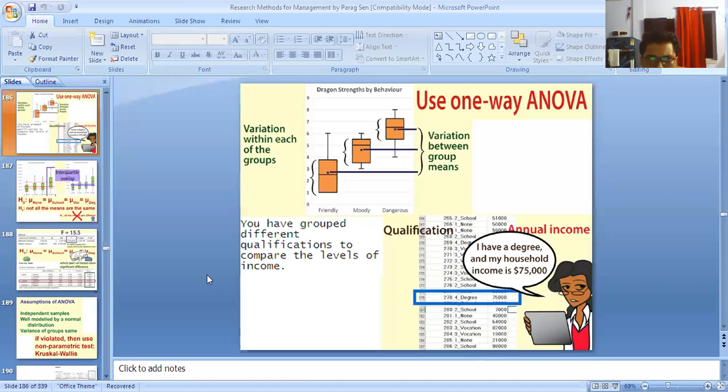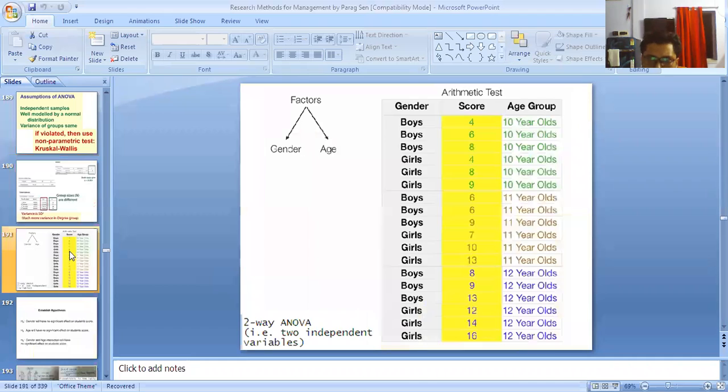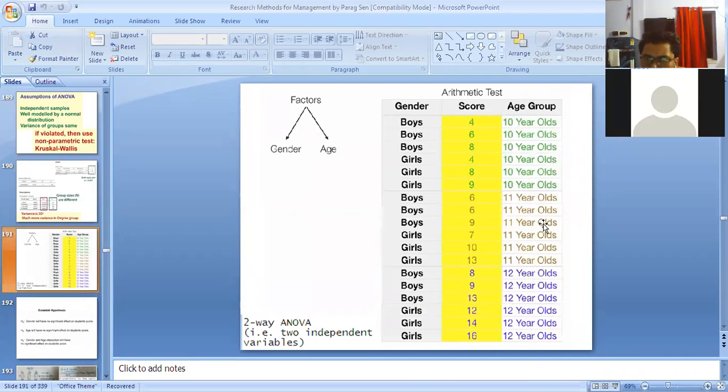But in this case you can see that there are 2 independent variables: one is gender and another is age group. And there is one dependent variable, the arithmetic test score.